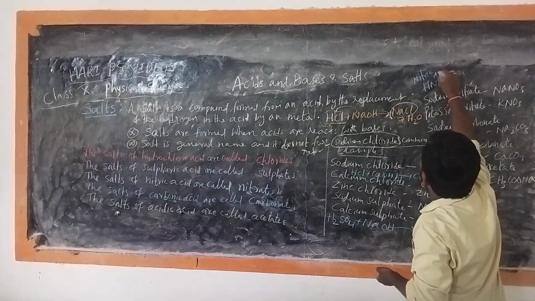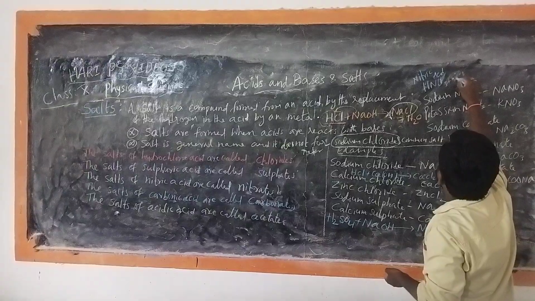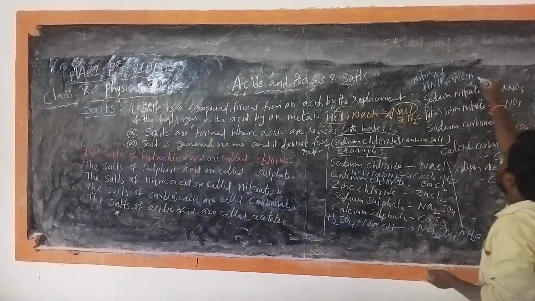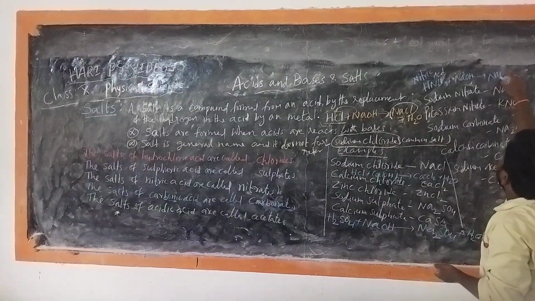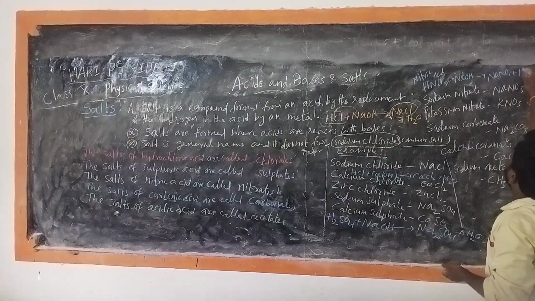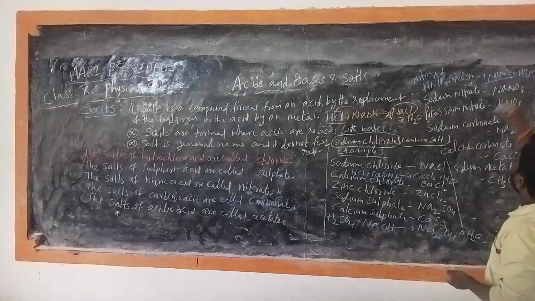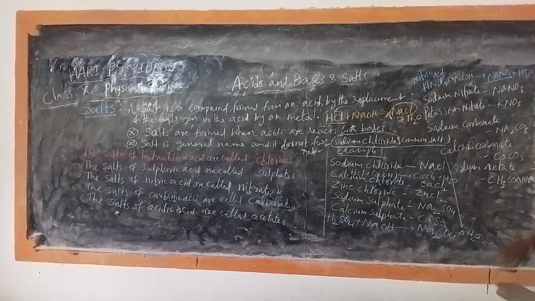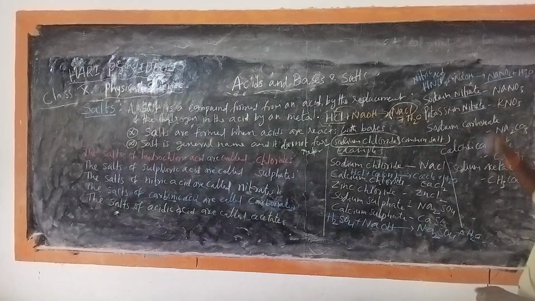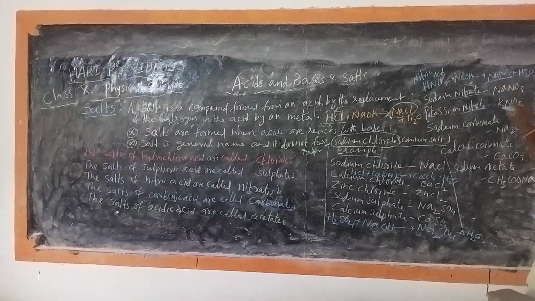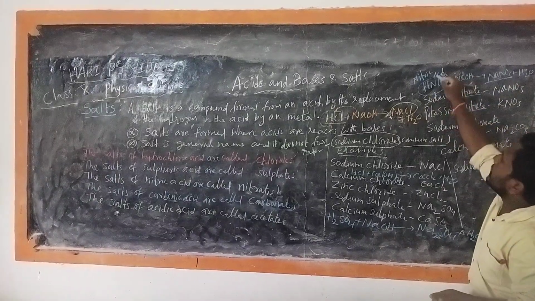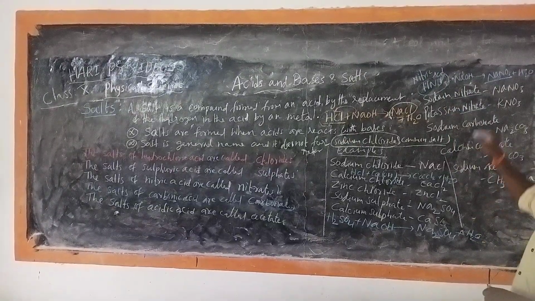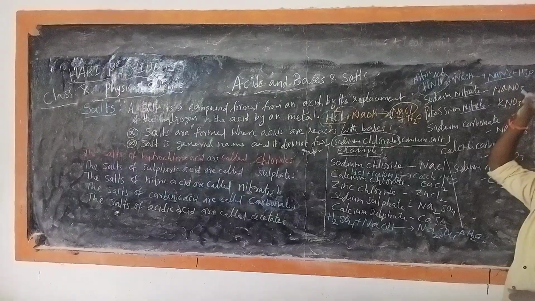This nitric acid combined with sodium hydroxide gives us sodium nitrate plus water. Similarly, potassium nitrate. These nitrates are formed because they are obtained from nitric acid. So these are called nitrate salts.